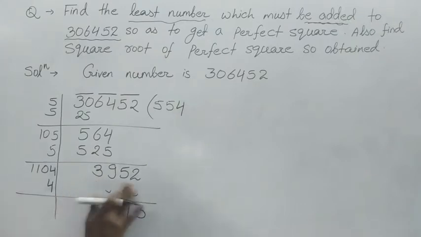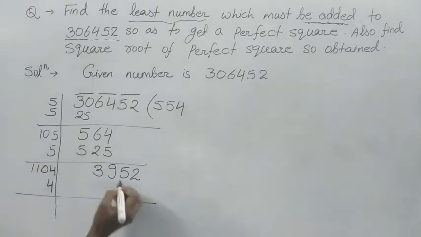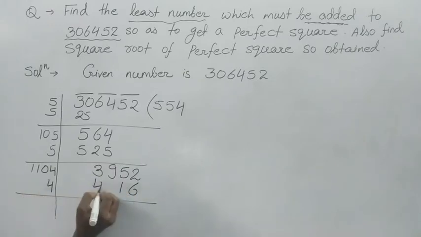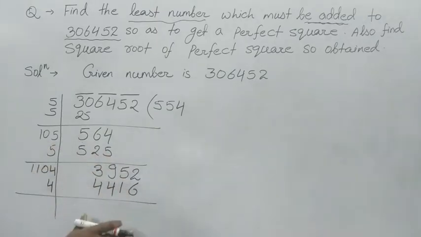Now we erase these numbers. So after multiplication what do we write? 16 and 44. That means this number 4416 is greater than this one. That means when we subtract we get the negative remainder.